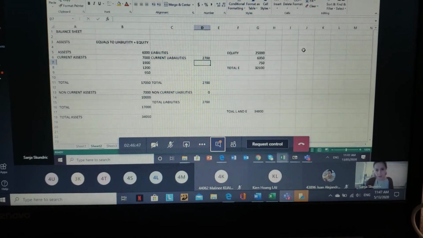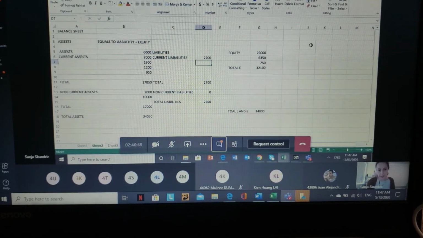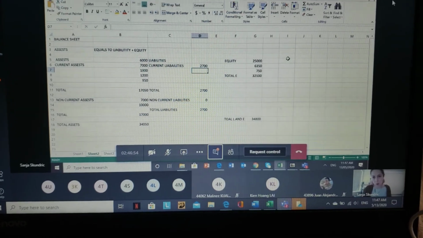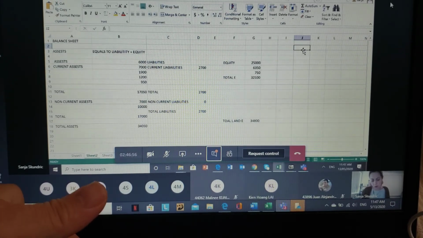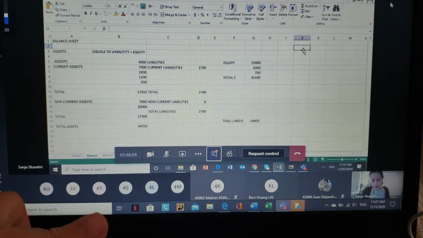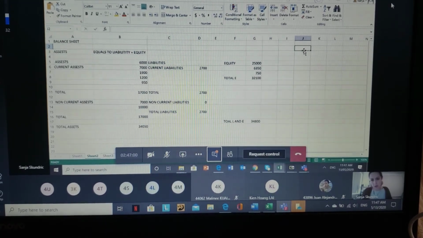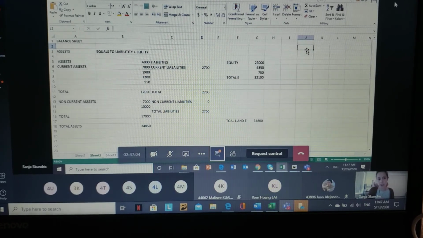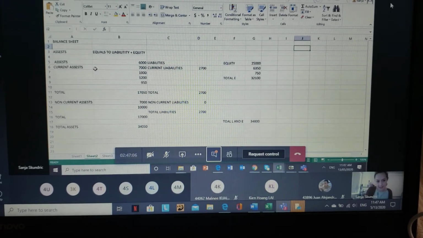So on the side somewhere, I would be saying the current asset or cash amount was changed because we used that cash to pay what we needed to this month. So it's reducing our current assets because that's what we need to do in order to get them to balance.